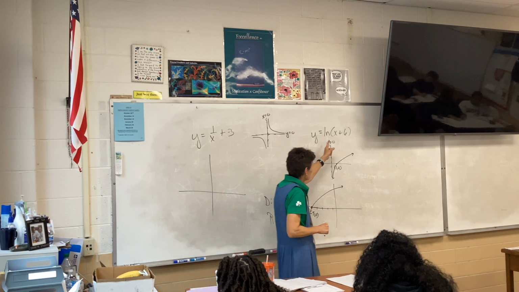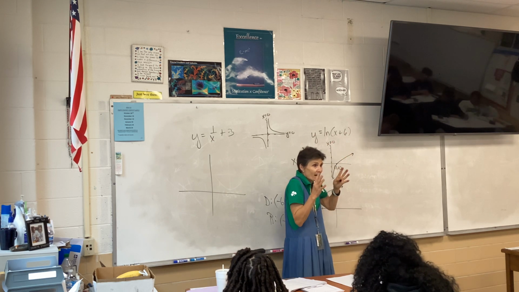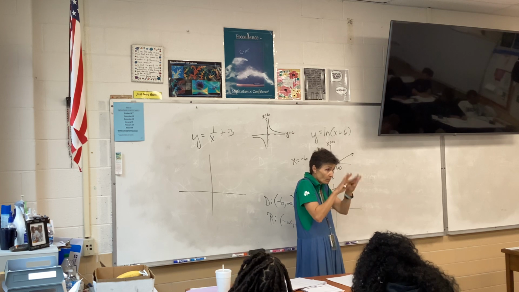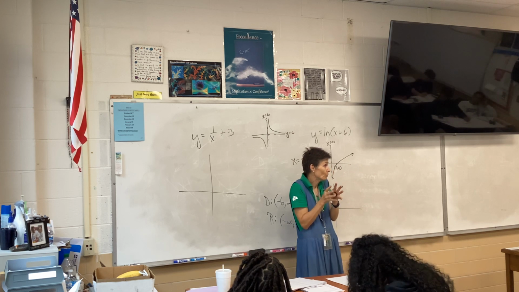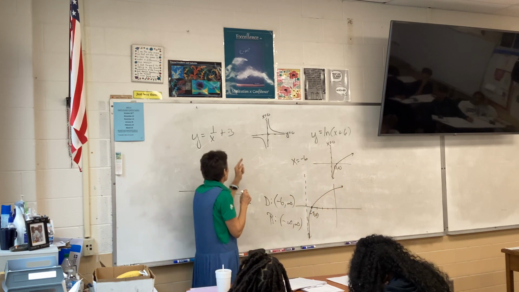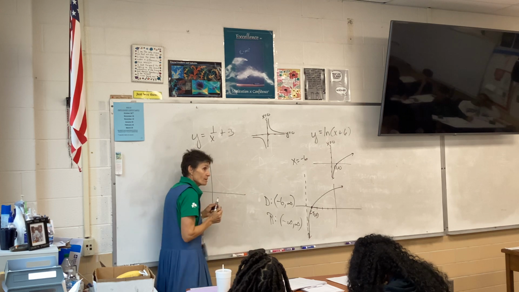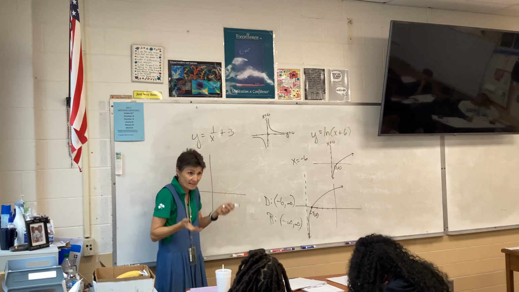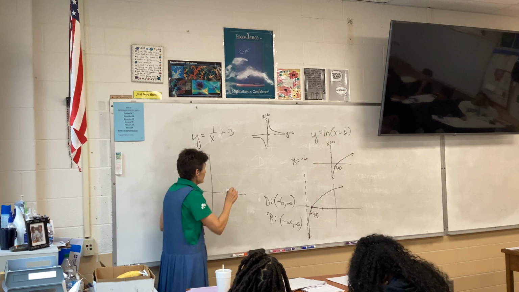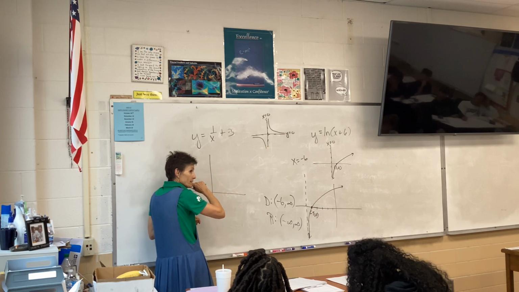Remember, when you put the added number or subtracted number inside the problem with the x, like in a parentheses, that moves you sideways. But when you tack it on the end, so I just took my BFF and stuck a +3 on the end, that moves you up and down. So we're going to take that picture right there, and we're going to move it straight up 3.